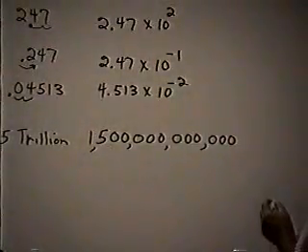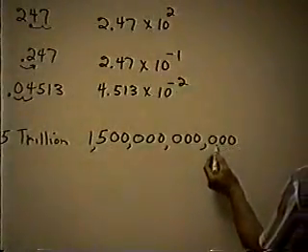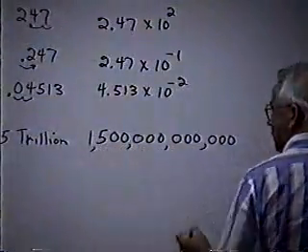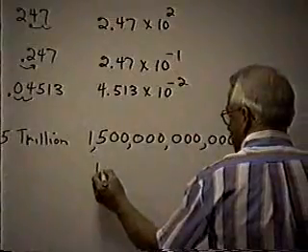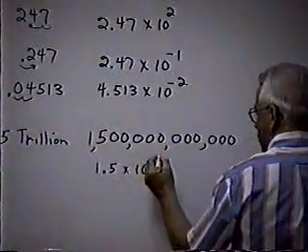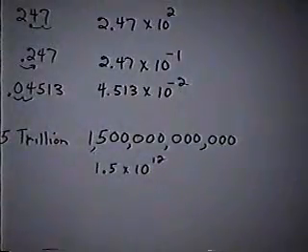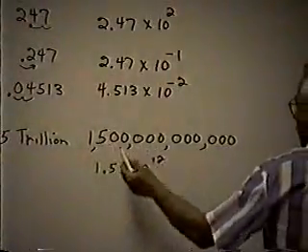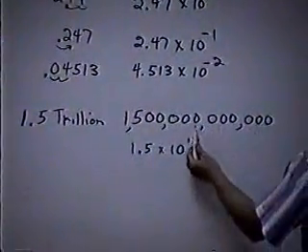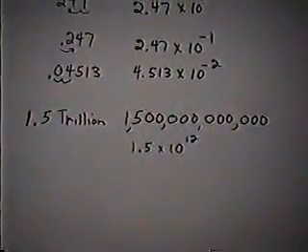So what is trillions? Trillions would be 1, 2, 3, 4, 5, 6, 7, 8, 9, 10, 11, 12. So trillions would be 1.5 times 10 to the 12th power. Look at that number, very, very large number. So happens it's a million times a million to get the trillions.